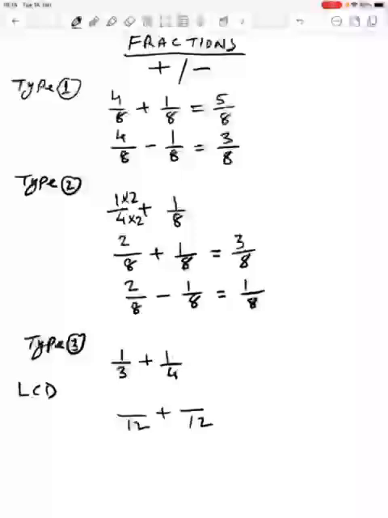How do we make it 12? We must multiply 3 with 4. But don't forget to multiply the top with 4 as well. 4 times 3 will be 12. And times 3. So the top will be 4 and that top will be 3. Again, we have converted this type 3 into type 1. Add the top together. So it'll be 7/12. So that's the answer.